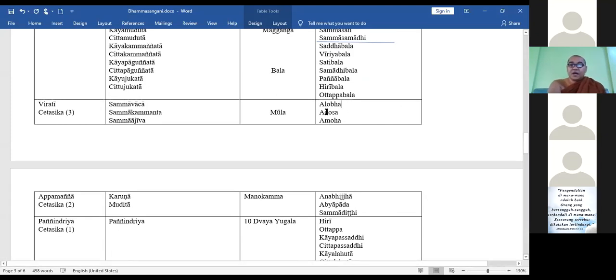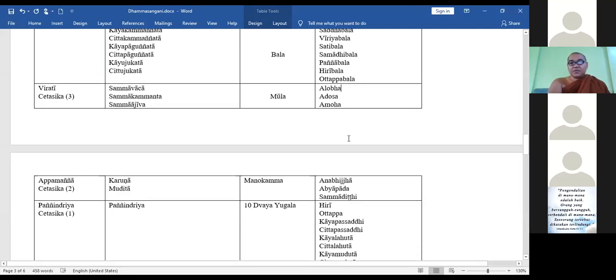Adosa, no hatred. Amoha, no delusion. Lobha, dosa, and moha are very problematic in the world. Without lobha, dosa, and moha, the world would be a much better place for us to live in.